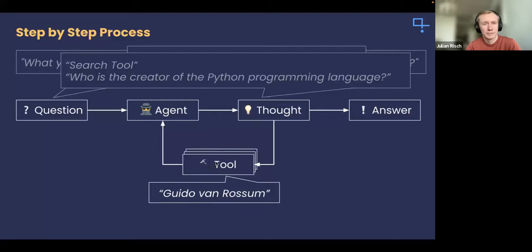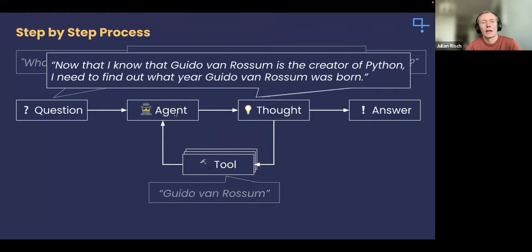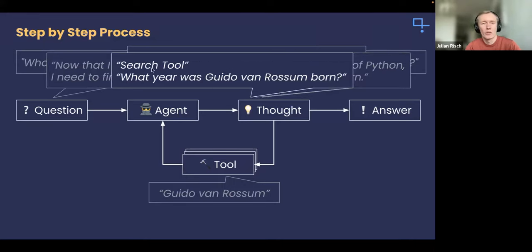It invokes the web search. Having this answer to the first thought, now the agent is instructed again to generate a thought, so to do some reasoning. And for that, it generates the text: now that I know that this person is the creator of Python, I need to find out when he was born. And at that point, the agent can again choose from different tools.